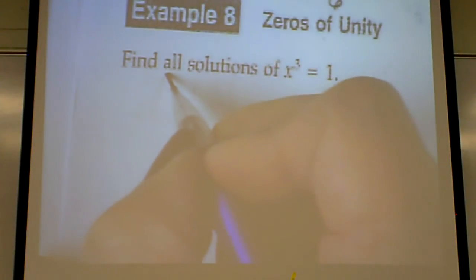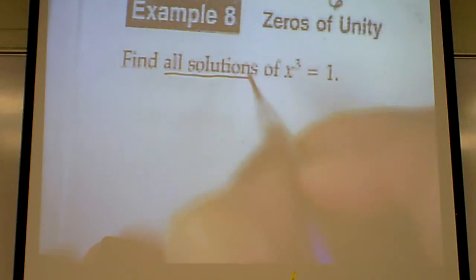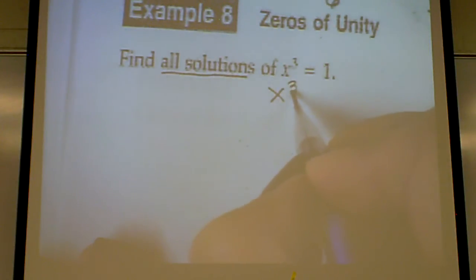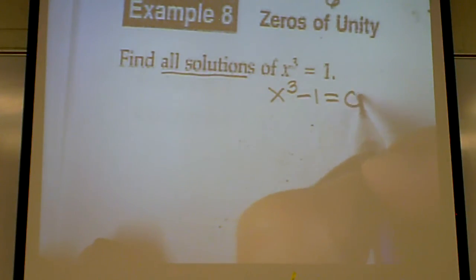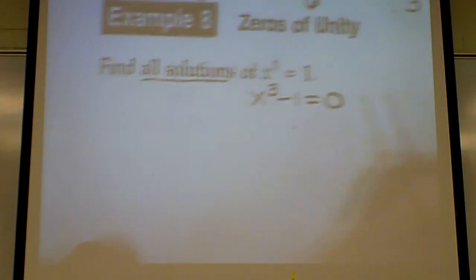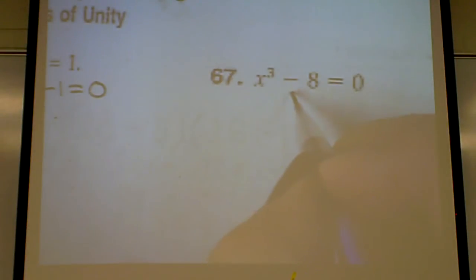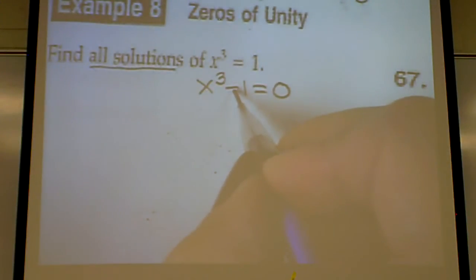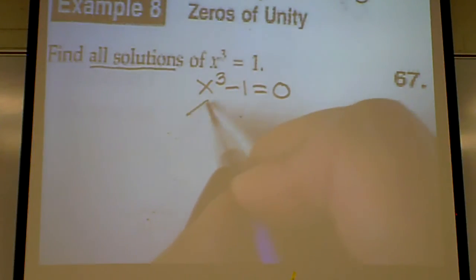Because, see this, it says find all solutions. And what you have to do here is always get a 0 right here. You get x cubed minus 1 equals 0. Do you guys remember what these two problems are called? It's the sum or difference of two perfect cubes.